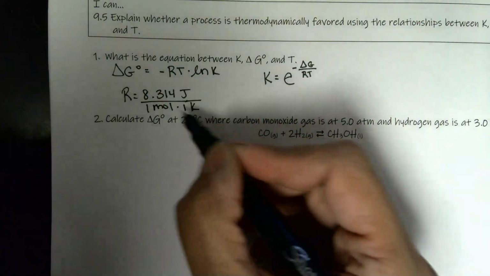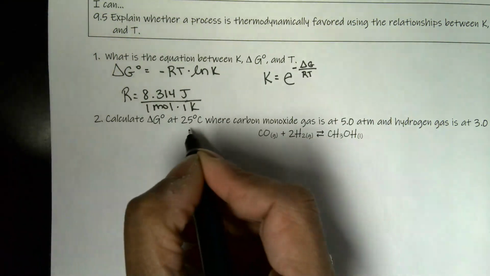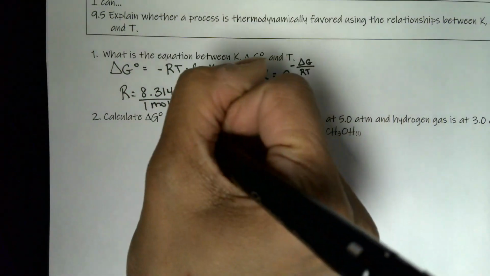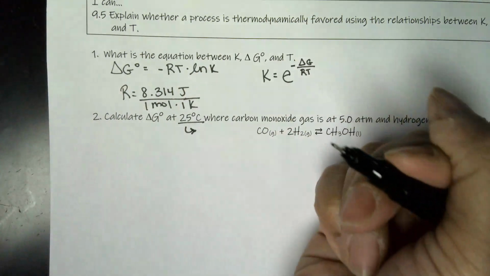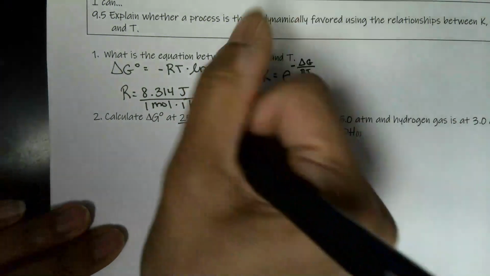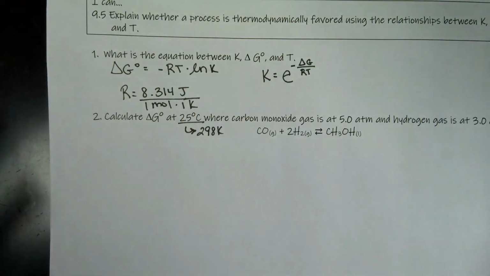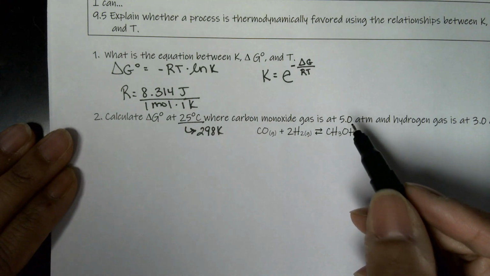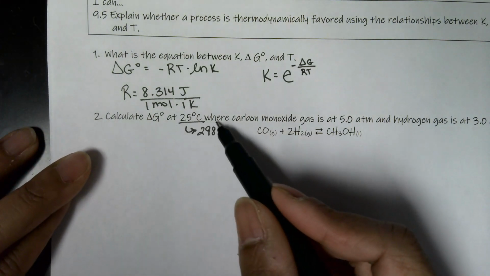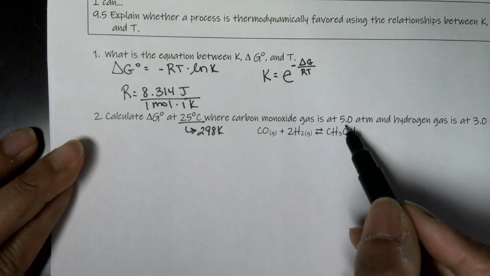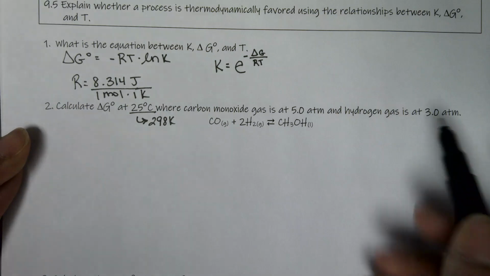Knowing that this is part of this, I'm looking at that temperature, and that's in Kelvin. All of these problems should go into Kelvin. So for example, this 25 degrees Celsius, we need to convert that to Kelvin. So we add 273 to it to give us 298 Kelvin. So we're calculating delta G at 298 Kelvin when carbon monoxide gas is at 5.0 ATM and hydrogen gas is at 3.0 ATM.